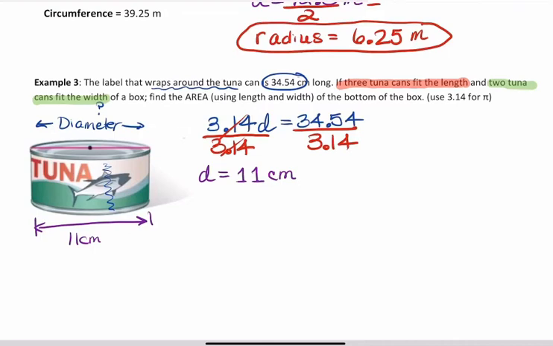What we're essentially saying here is, I'm going to draw a rough sketch, but let's say looking overhead at that box, the box can fit 3 cans this way, and it can fit 2 cans this way.